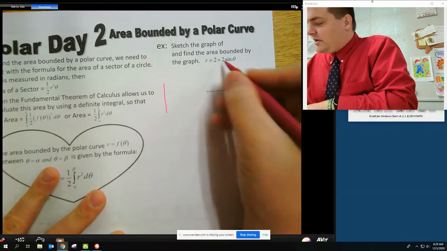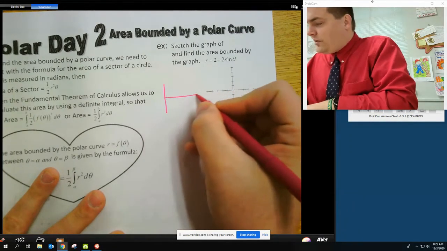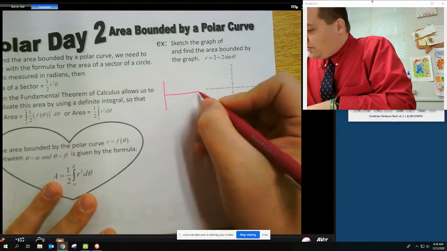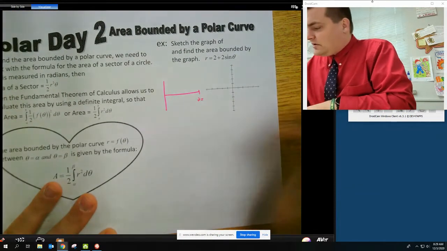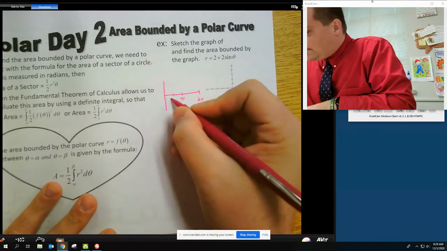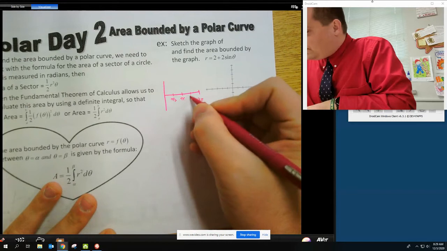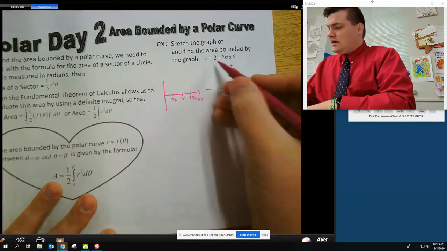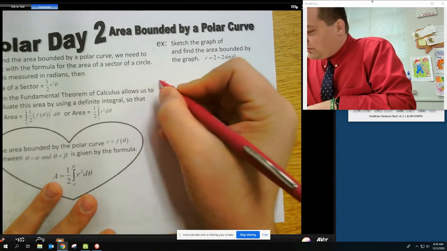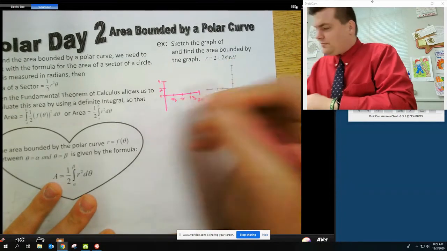So this is 2 plus 2 sine theta, so nothing weird going on here. The period is unchanged, so we're going to go all the way to 2 pi. Okay, so here's pi over 2, and here's 3 pi over 2. And we're shifting this up 2 with an amplitude of 2, so we're going to go up to 4 and then down to 0.